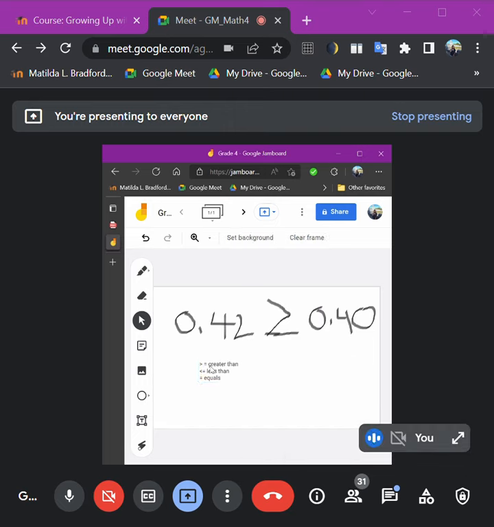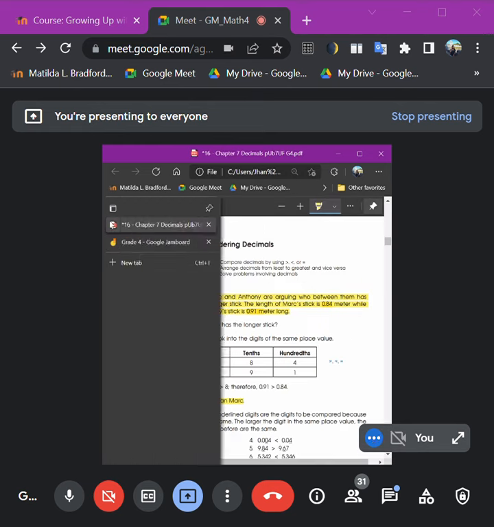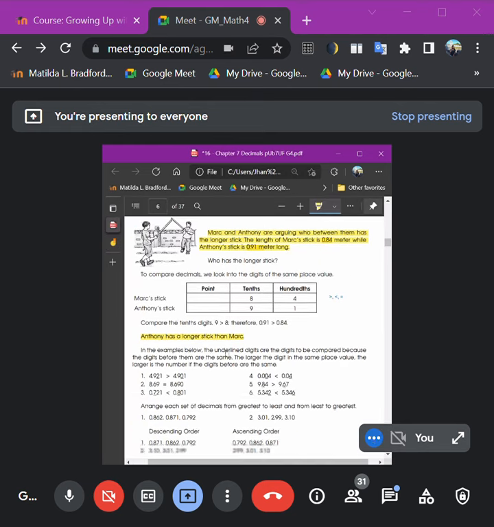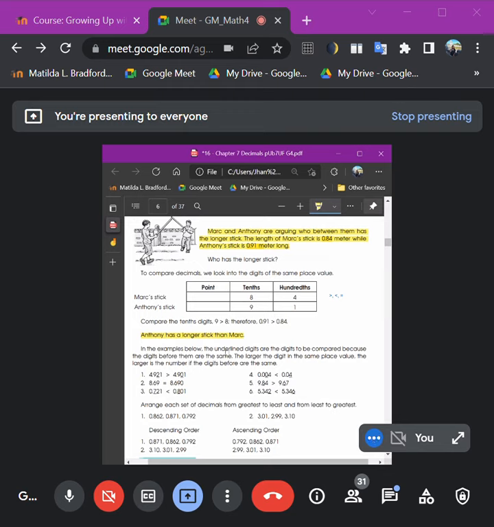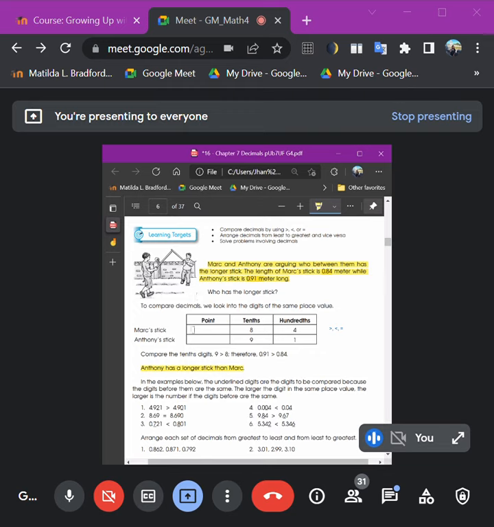Very good. It was easy to identify, right? So here we can see a lot of examples. The underlined digits are the digits to be compared because the digits before them are the same. The larger the digit in the same place value, the larger is the value. So remember class, if for example the tenths place is the same, that's the time you move to your hundredths place.